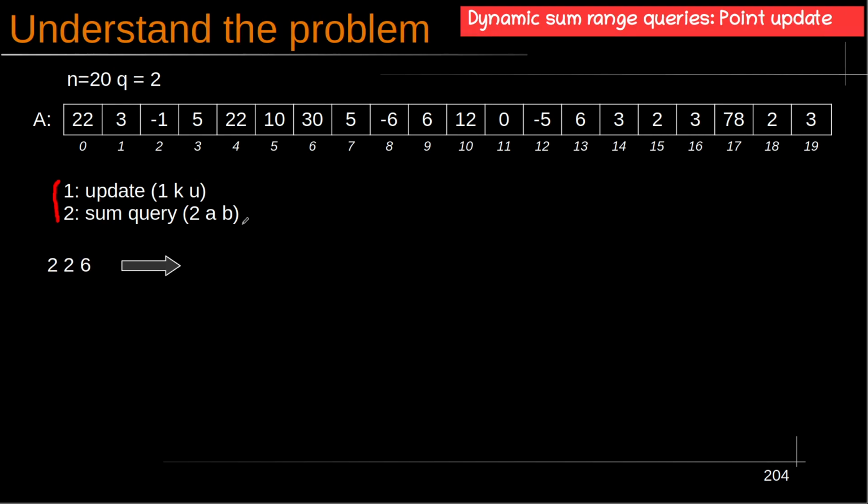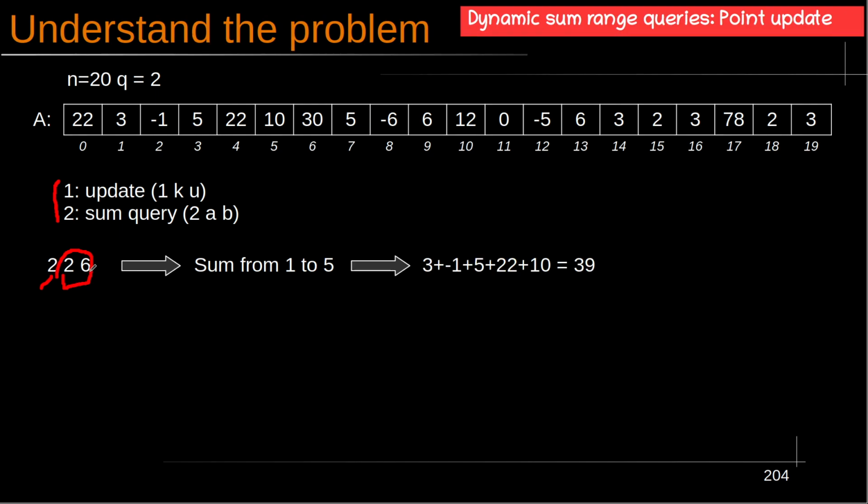For example, if I have 2 to 6, which means we have a sum query from 2 to 6, it is the sum of 1 to 5, because the problem's indices are one-indexed, so we have to subtract 1 from the indices.